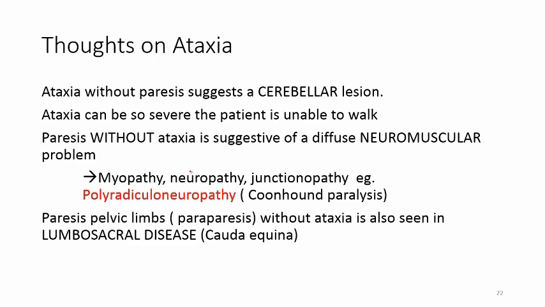And the ataxia can be so severe that the patient really can't walk, or at least not walk very well. If you have paresis without ataxia, it's going to be suggestive of a diffuse neuromuscular problem, so a myopathy, or polyradiculoneuropathy like coonhound paralysis. And if you have paresis in the pelvic limbs without ataxia, then we also see that in lumbosacral disease.